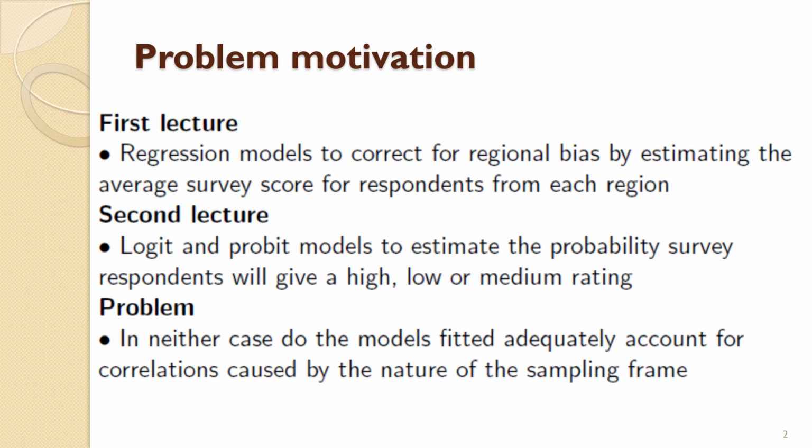There's some correlation caused by the fact you've got repeat measurements from the same hotel, so you have to think quite carefully about how the sample is being constructed. Also, if you just follow the intuitive approach in either the first lecture or the second lecture, that's not enough, and you can make a mistake. Include the mixed.